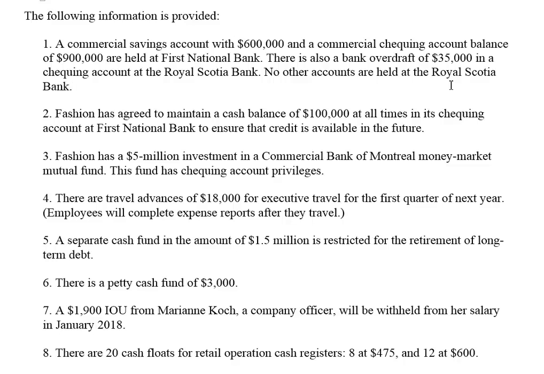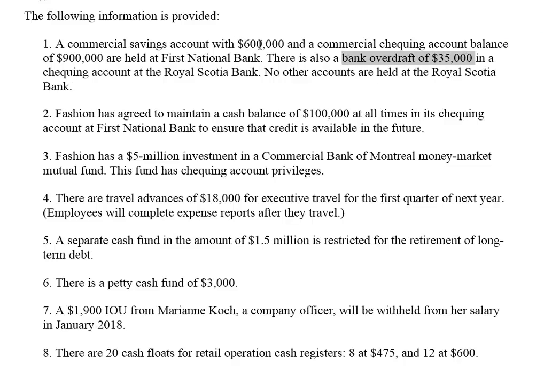Now, you know from previous classes that when we had an overdraft, if we did not have the overdraft account at the same bank as we had our regular cash account, then at two different locations, we need to make sure that we set up the bank overdraft as a current liability. So this is an amount that will go as a current liability.